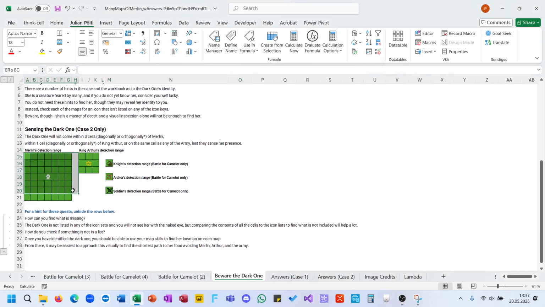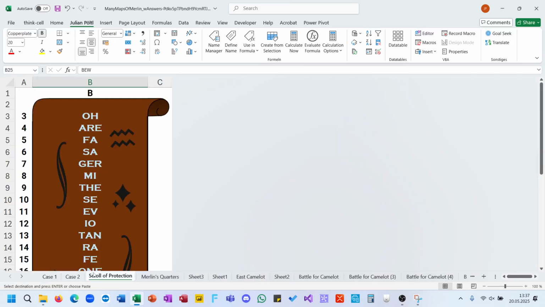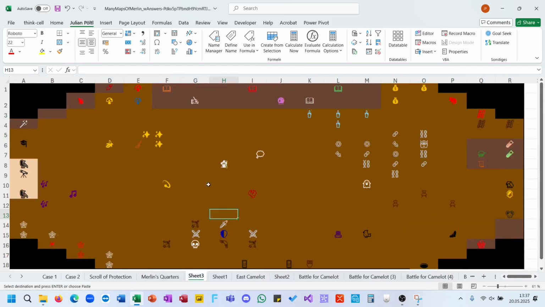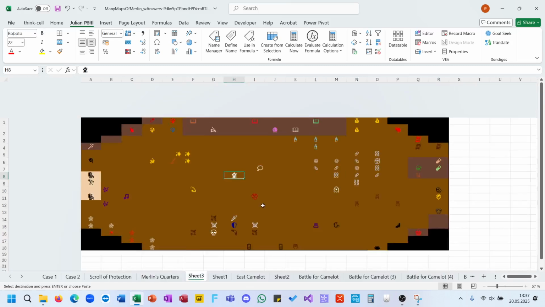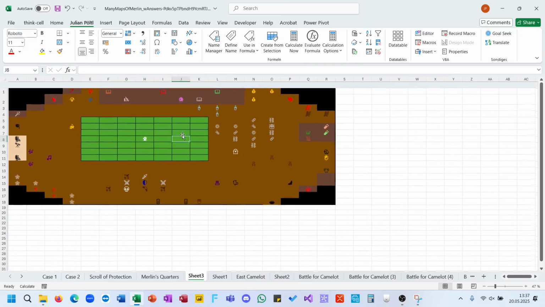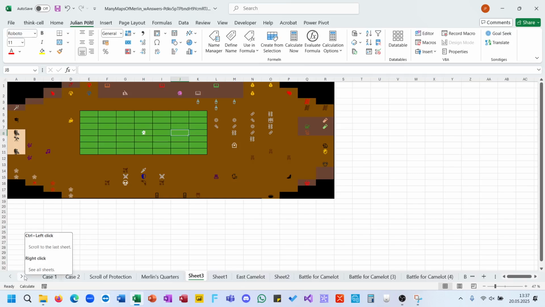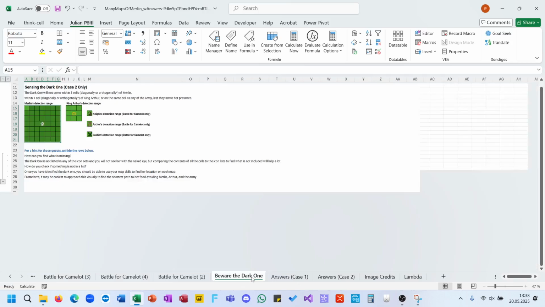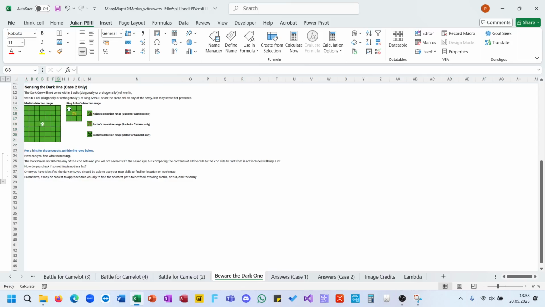Okay, Merlin range is 7. No. So this is Merlin's range. King Archer is this. Knight, Archer and Soldier is 1.